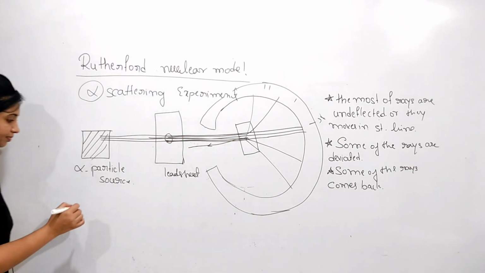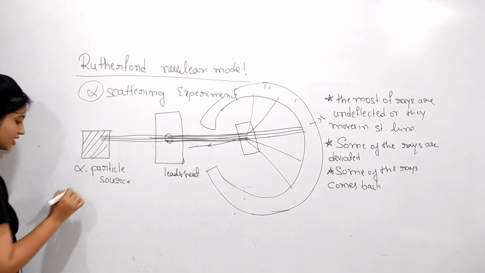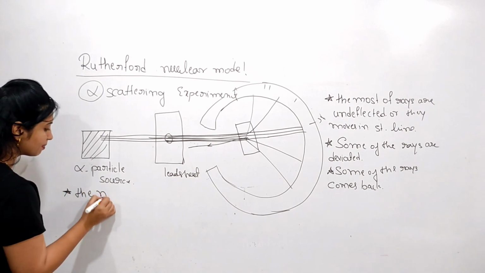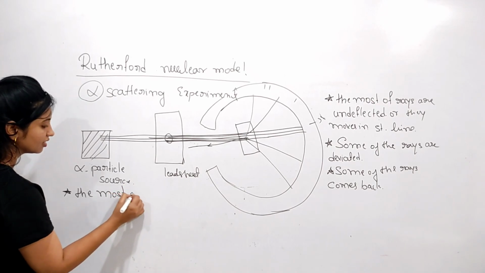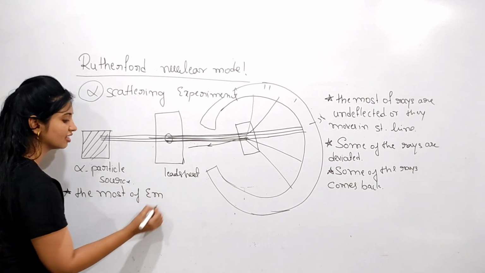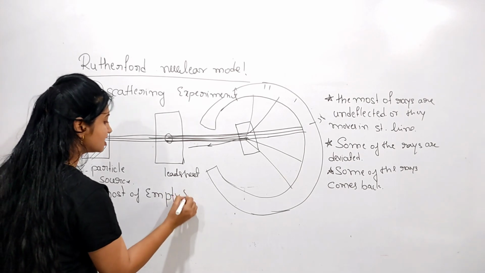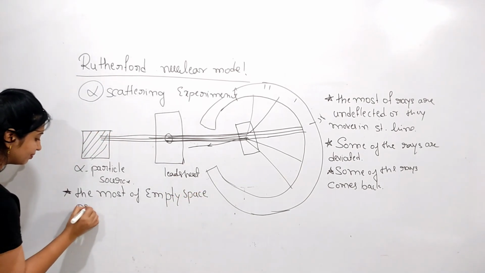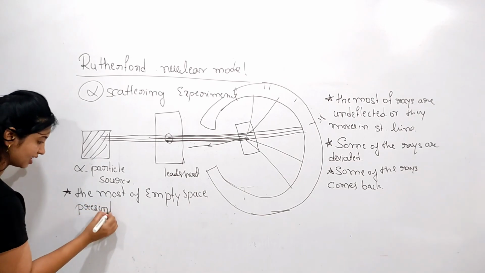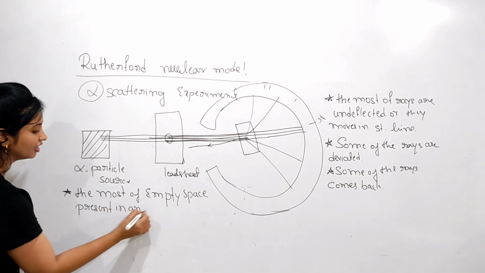Let me write here what he observed: most of the space present in an atom is empty space.